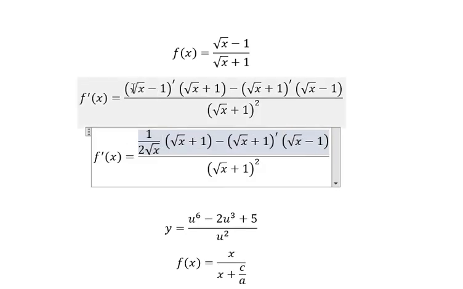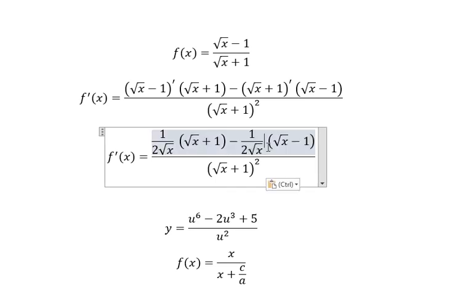Because first, the square root of x, that's about this one. Similar for this one in here. And now we just have the final answer.